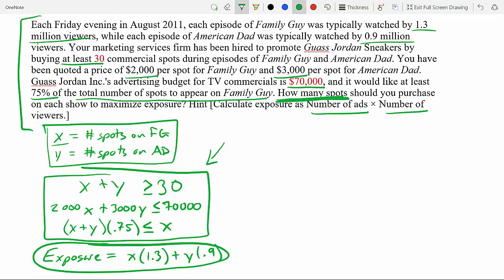Because we've got a problem that's asking us to maximize or minimize something, to optimize something, this is going to be linear programming, so we need to go ahead and graph this. First step, though, is trying to get the problem data in terms of those equations.